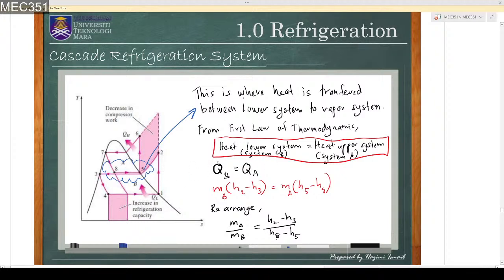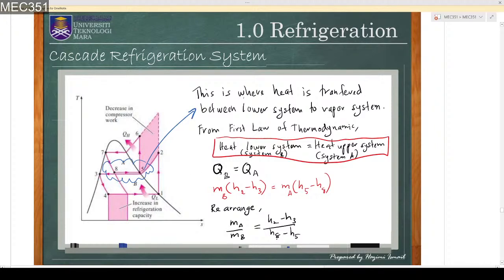Heat Q from B is equal to heat QA, if there is no heat loss between those systems. But for our analysis, we just assume it is perfect, it is ideal, so there is no heat loss to the surrounding between B to A.